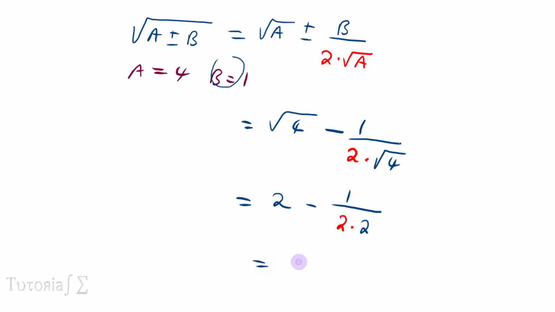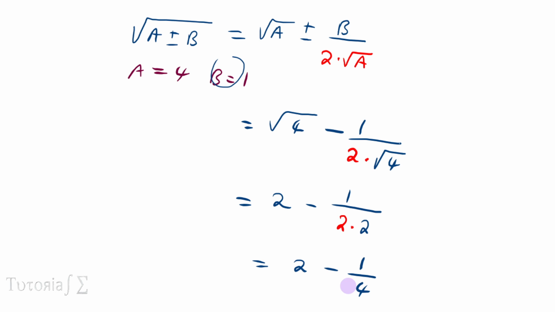So when this is simplified, we're going to have 2 minus 1 over 4, which you can divide and it will give you 0.222. Then you subtract from there, then that will be your answer. Okay, so you can finish this one up.